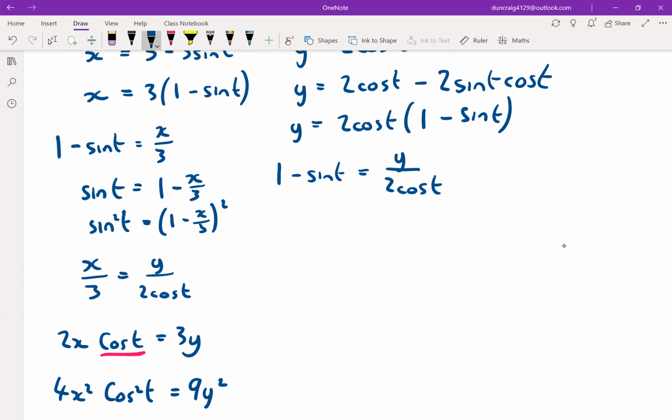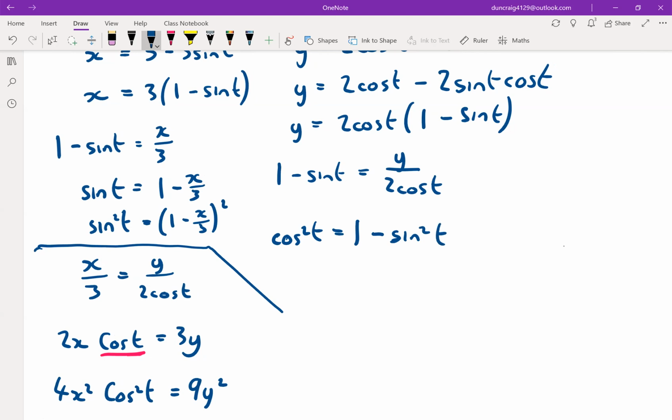So then I'm just going to do a line here just to cut that off there. So then, cos squared t is equal to 1 take sine squared t, like that there.